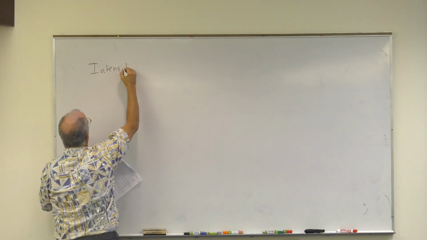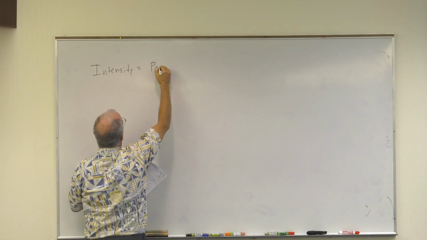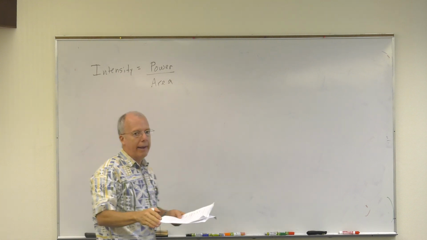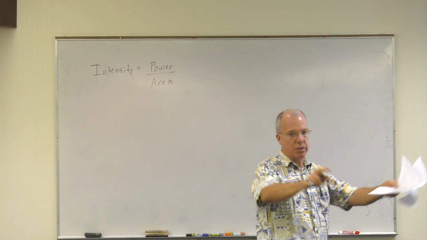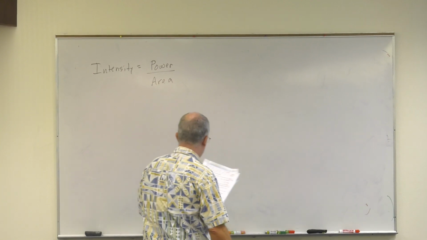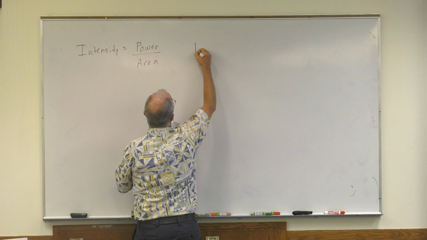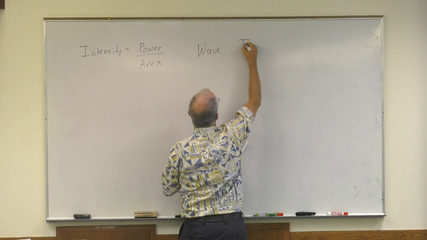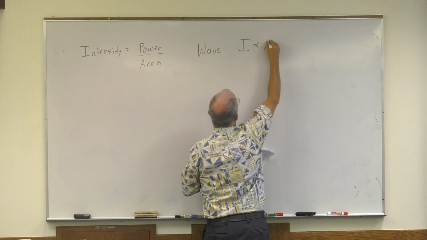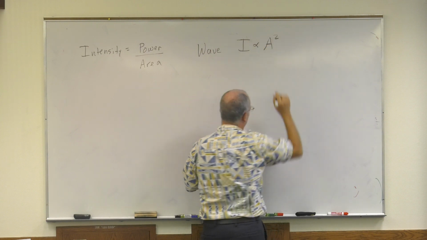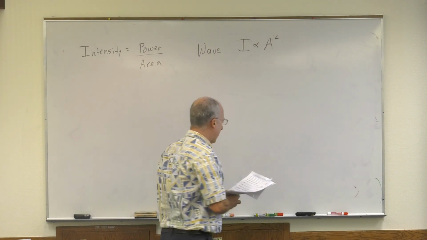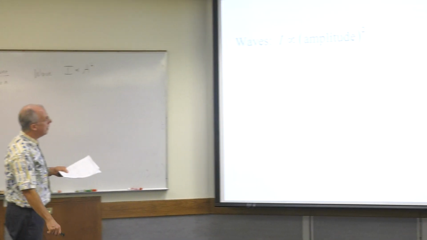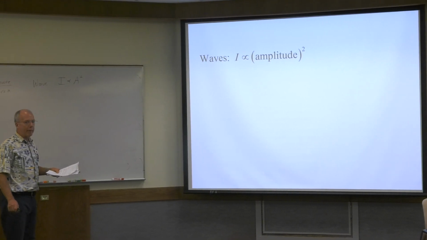We had this a while ago. Intensity is defined to be the power over area. And you remember that? Like a laser has super high intensity because the beam doesn't spread out. And then we learned that for a wave, the intensity is proportional to the wave amplitude squared.